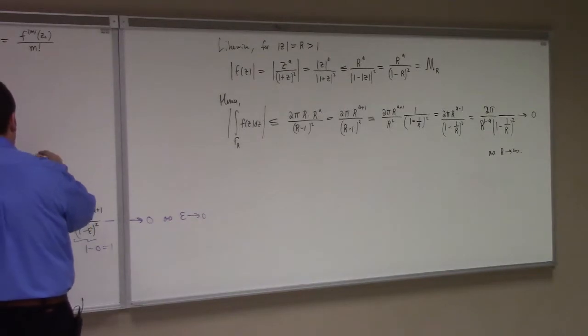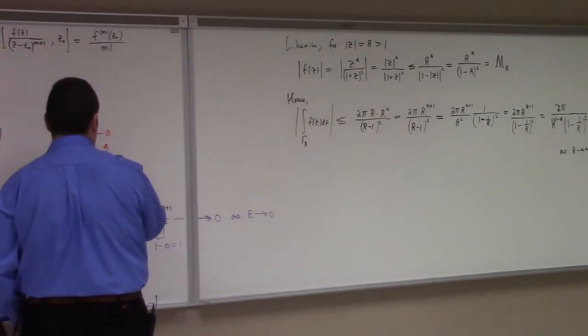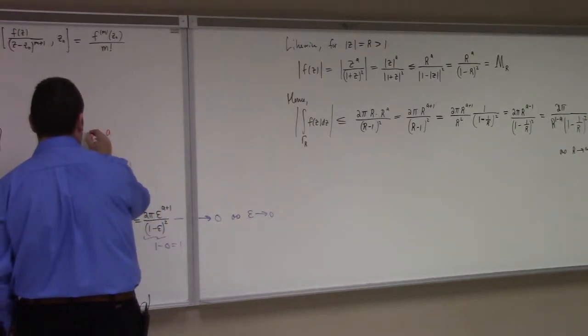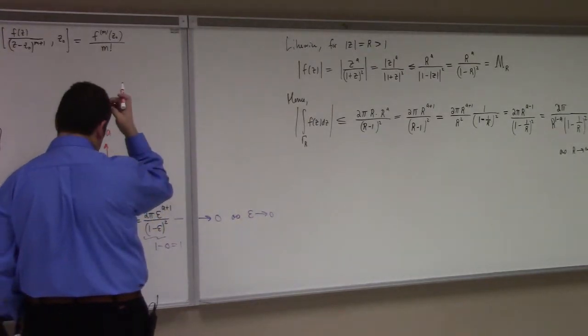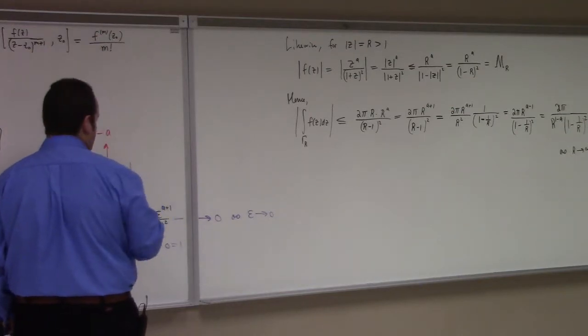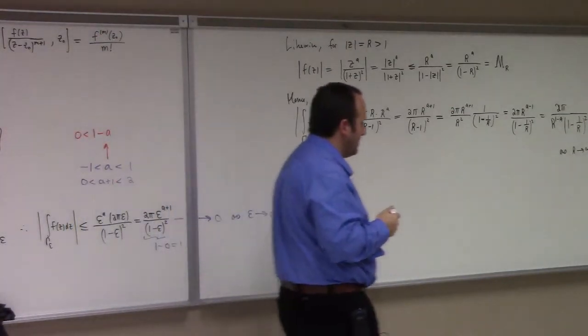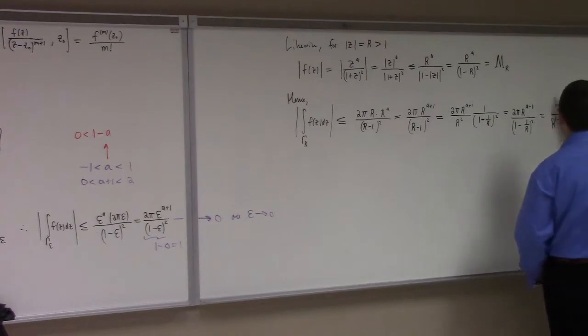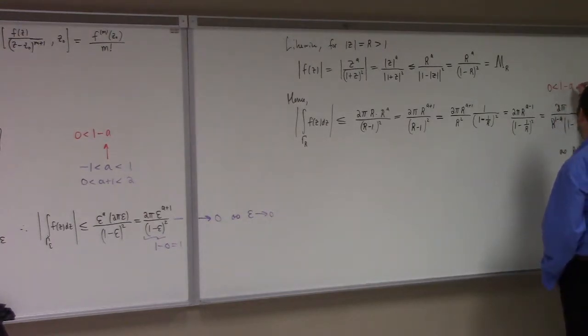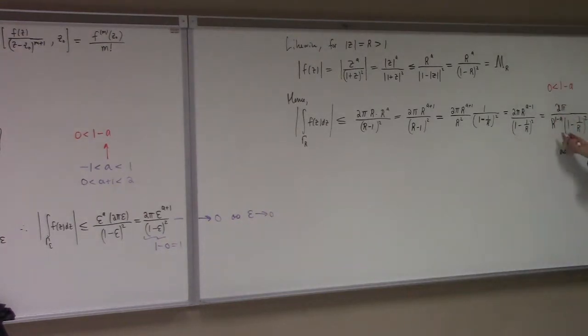If I look at this, 0 is less than 1 minus a, right? So we're looking at something which clearly goes to 1, something which is r to a positive power. So as r goes to infinity, this gets huge. And so we're looking at something that tends to 0.